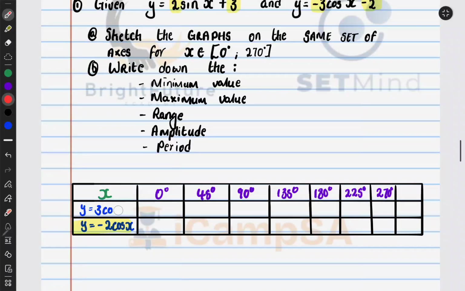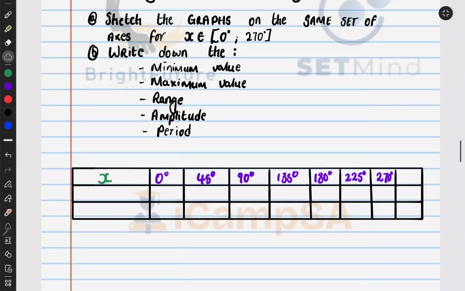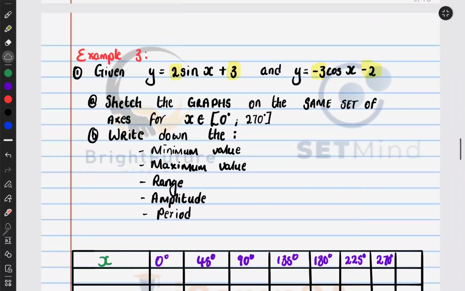Oh, this one is also changed. So let me do it like this. Give ourselves a little bit of space. Okay, so the first function is y is equal to 2 sine x plus 3.